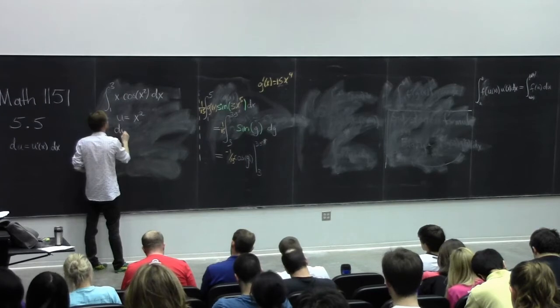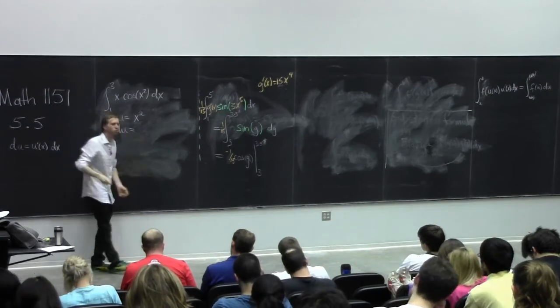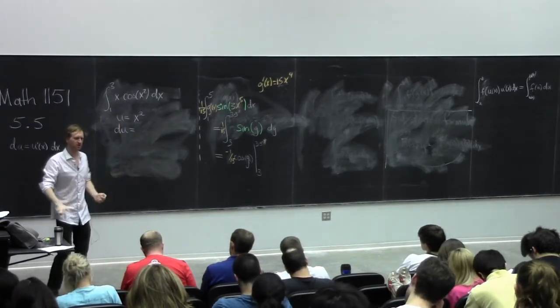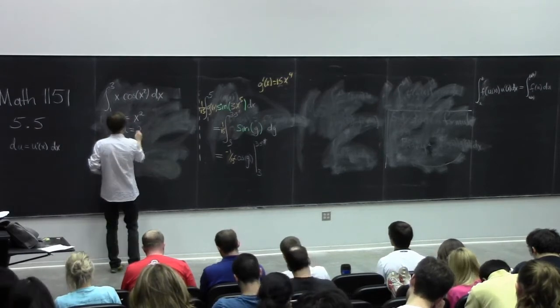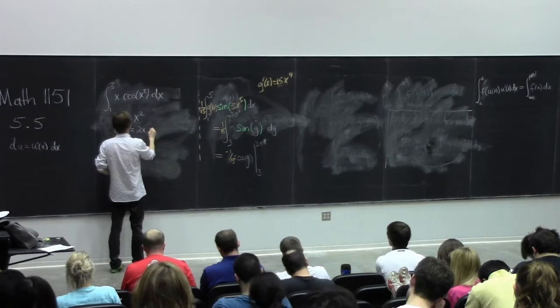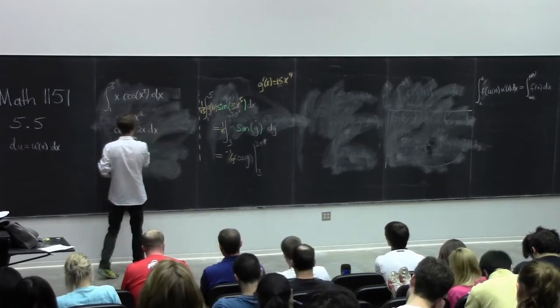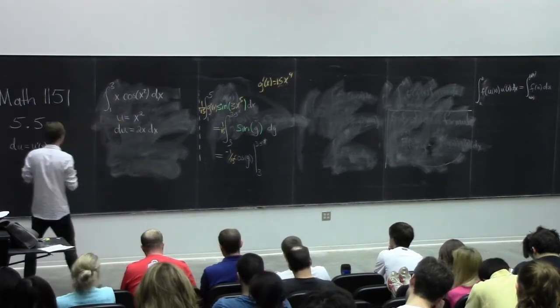And then you say, du is equal to, what's the derivative? Write down the differential here. So you take the derivative of x squared, 2x dx, right?